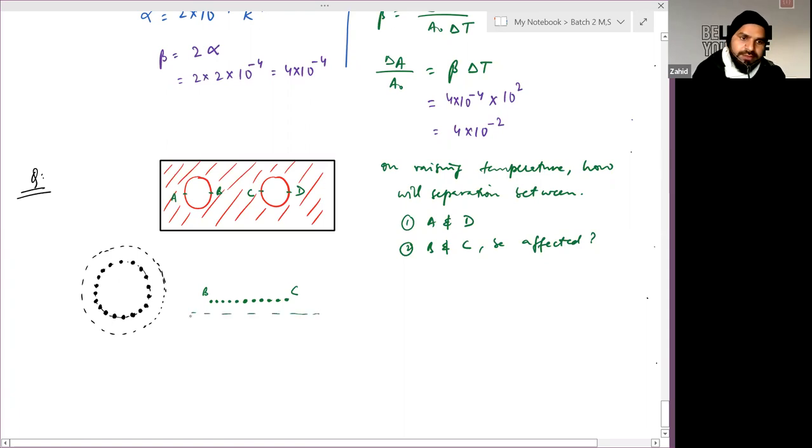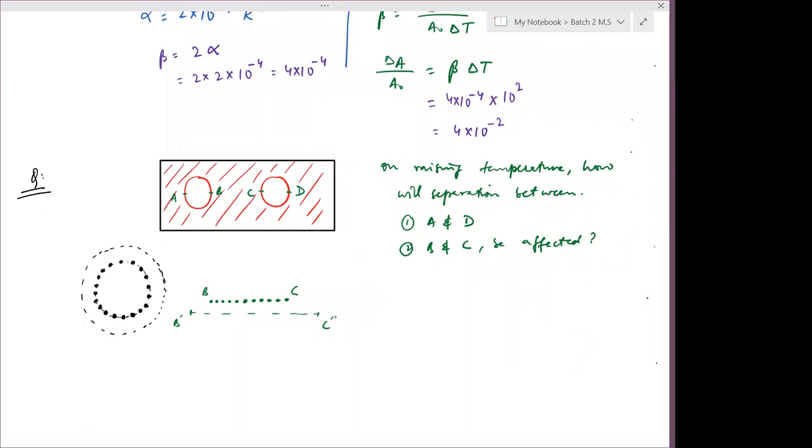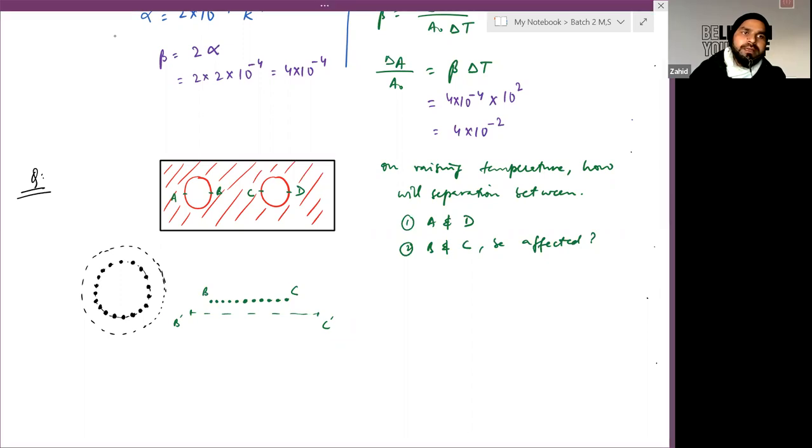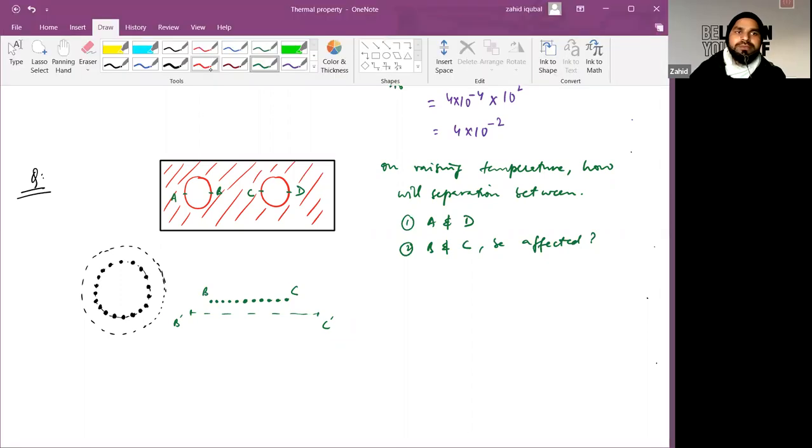So B will move to this point and C will move to this point. So we can say separation between B and C increases. Is it clear? Yes, sir. And since separation between B and C is increasing, separation between A and D must be increasing as well. Is it clear? So both between A and D and between B and C, separation will increase.